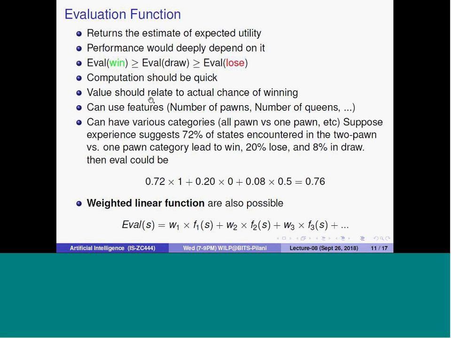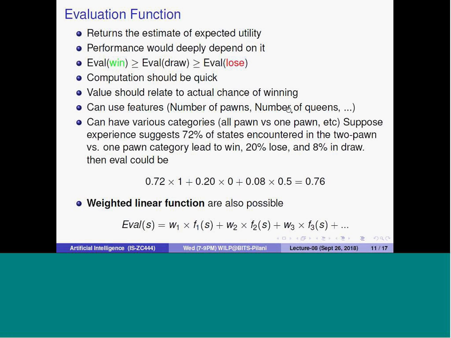The evaluation function could be 0.72 multiplied by 1, because when you win you get 1, plus 0.2 multiplied by 0, because when you lose you don't get anything, plus 0.08 multiplied by 0.5, because you get 0.5 when you have a draw. Similarly, you can find out this value. This is one way to find out the evaluation function, so you can find out others also.